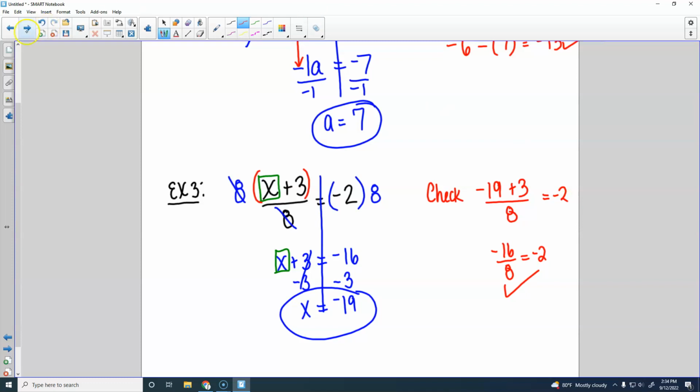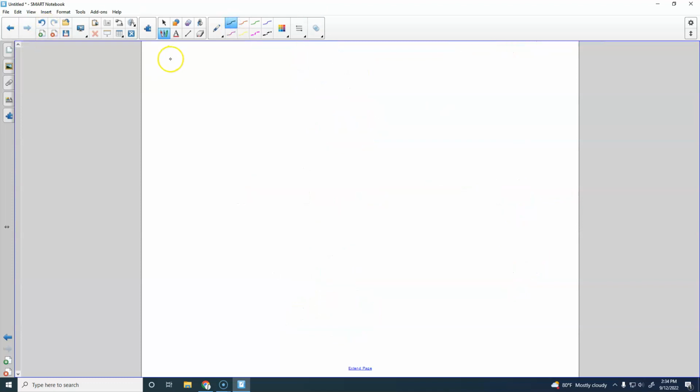All right. Last type I'm going to give you right now before we do some work on our own. This one looks a lot like the last question.